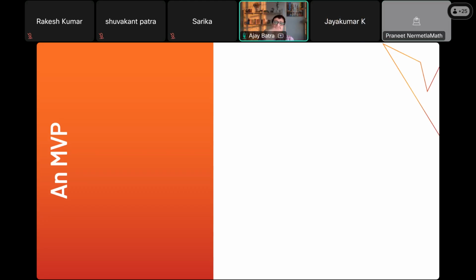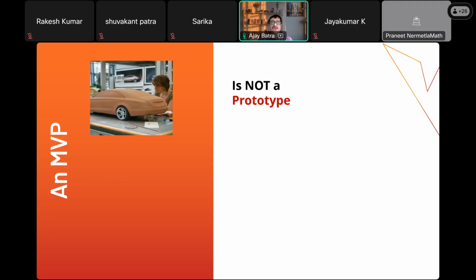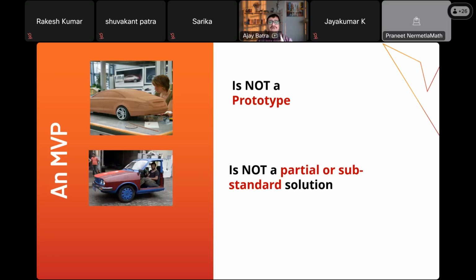Prototypes, sometimes if they're very high fidelity, can be functional. Most low and medium fidelity prototypes aren't. And MVP hence goes beyond a prototype. It is not a prototype. Whatever model you're building, it has to go beyond it. It also is not half a solution.